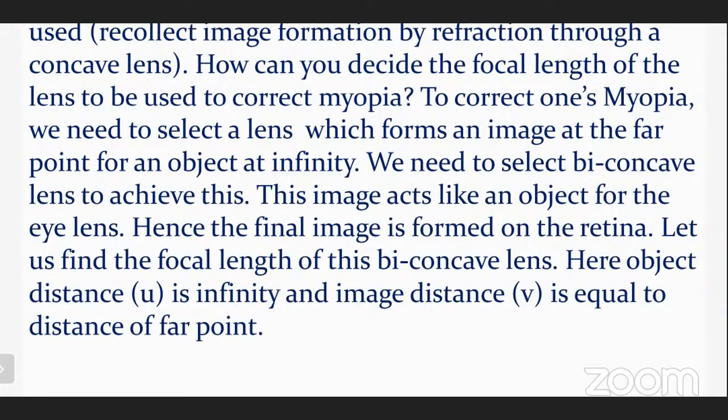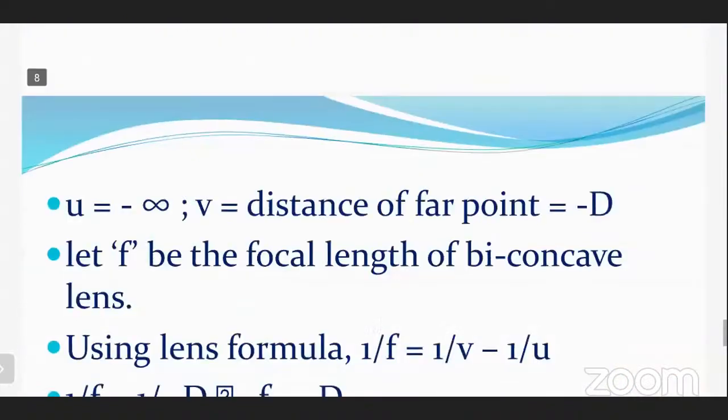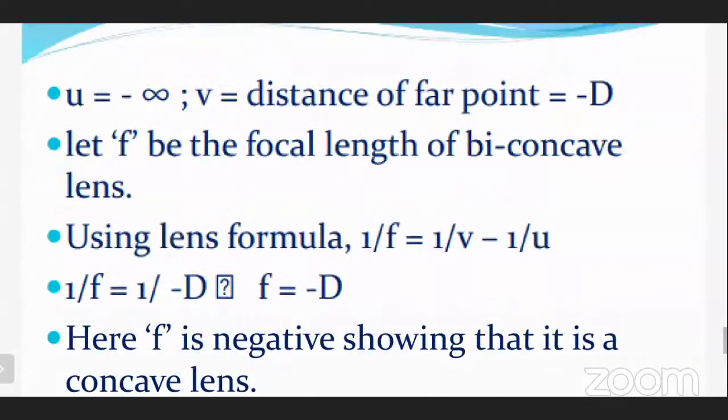Here the object distance u is infinity and the image distance v is equal to the distance of the far point, which we have seen previously. So u is infinity and v is the far point, indicated with D. Then what is the focal length?